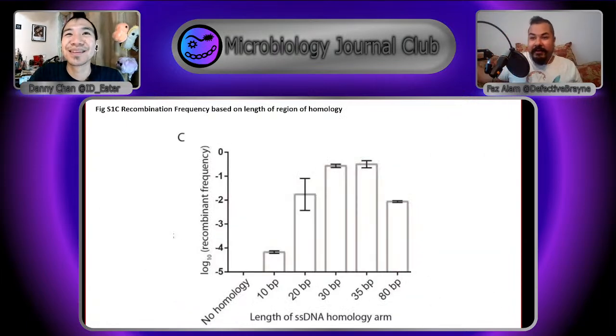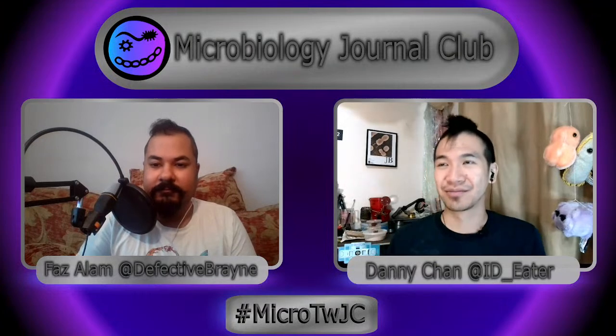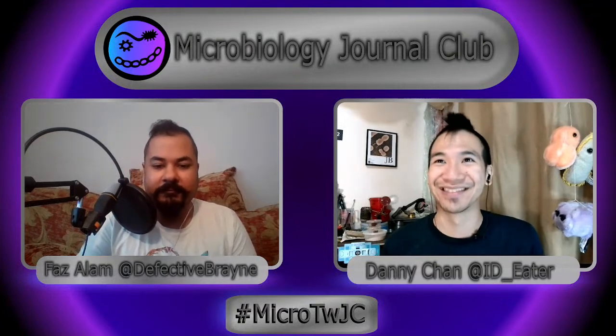Oh yeah, and now they were looking at the recombination frequency based on the length of the region of homology. The region of homology is a bit that's going to be ahead of the insert usually. I was always taught the longer the better. But there's a sweet spot here, it seems like 35. And that's probably based on some property of the beta recombinase and what happens during a replication event, right?